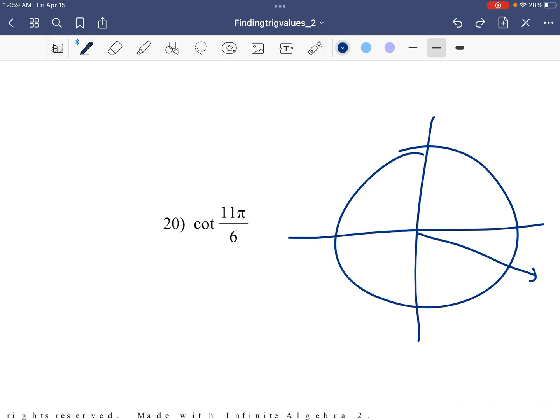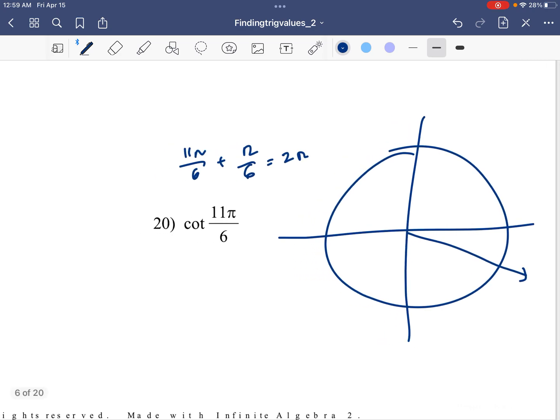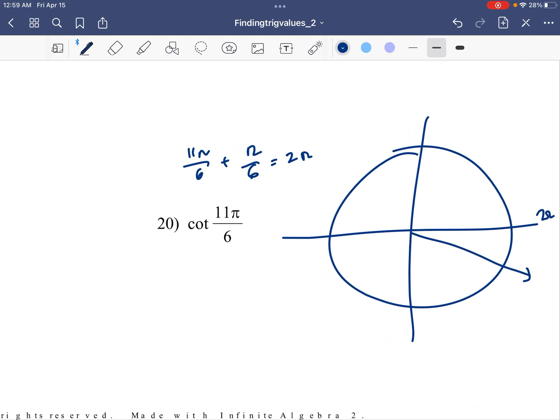Or if you don't remember that, you can just think of it as 11 pi over 6 is pi over 6 away from 2 pi, because 12 pi over 6 simplifies to 2 pi, and 2 pi is 360. Okay, but anyways, so you have that, and you just find your reference angle, make your reference triangle, label the sides.